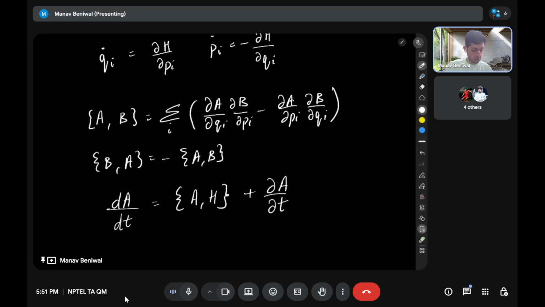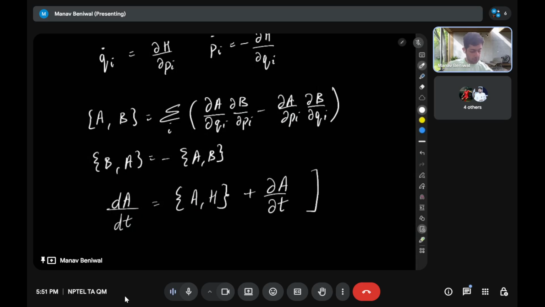This resembles our Ehrenfest theorem if you look at it neatly. Now this A can be anything, any function. It can be position or momentum, it doesn't matter.